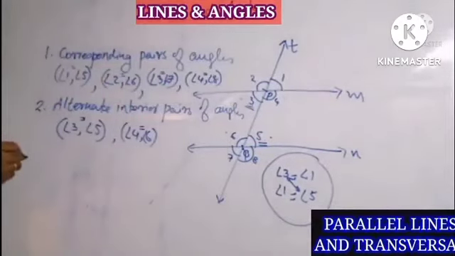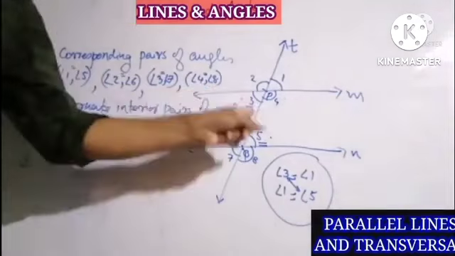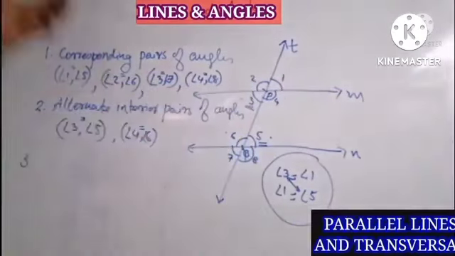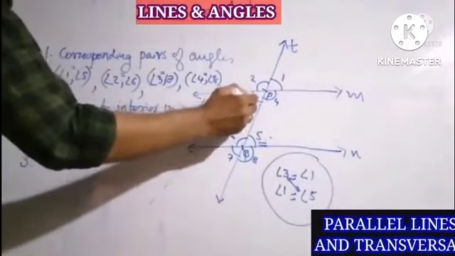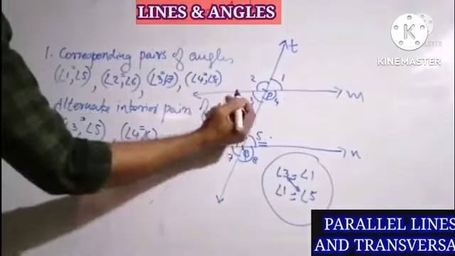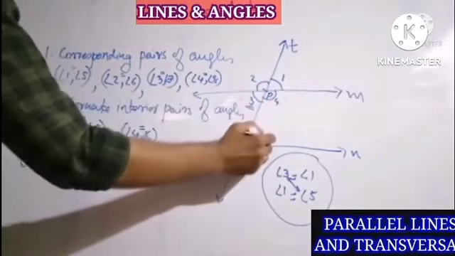Next, the last one, number 3. Interior angles also occur. First, we considered the alternate pair, that is opposite angles. Now consider the same side angles. Angle 3 and angle 6 are on the same side: angle 3 on the left, angle 6 on the left. Angle 4 on the right, angle 5 on the right.